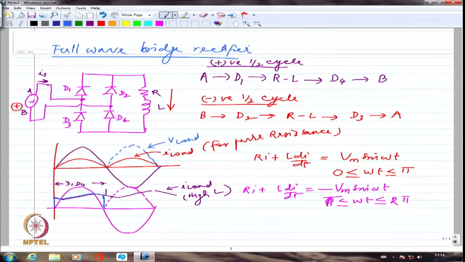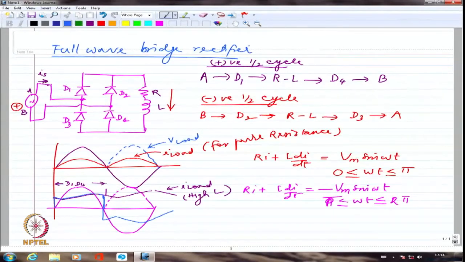Whereas during the negative half cycle, I have to have exactly the opposite of the current, like this. So if I look at the current on the AC side, I am going to get exactly the current I have in the load, reproduced as it is during the positive half cycle.